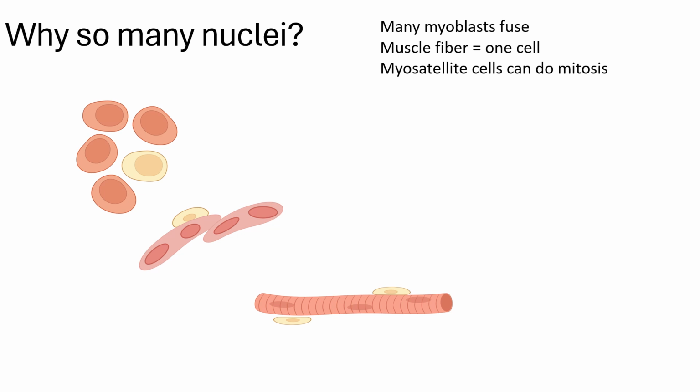These are precursor muscle cells. What happens is that the myoblasts fuse together to create one muscle fiber. And it also accounts for why we call it a fiber and not a cell.